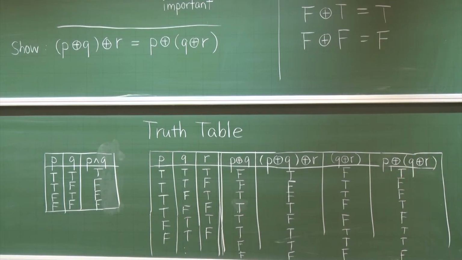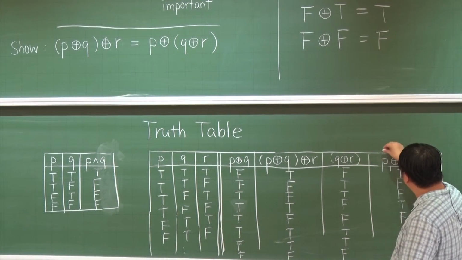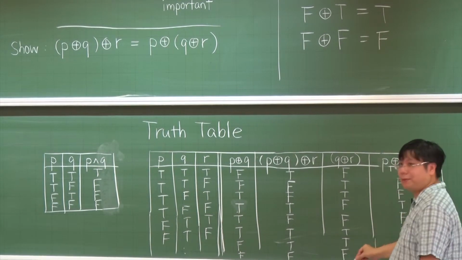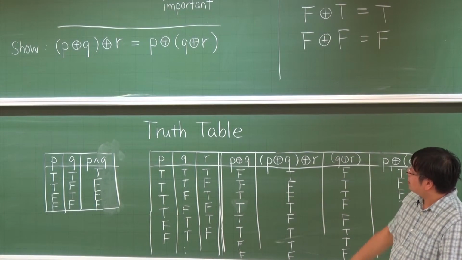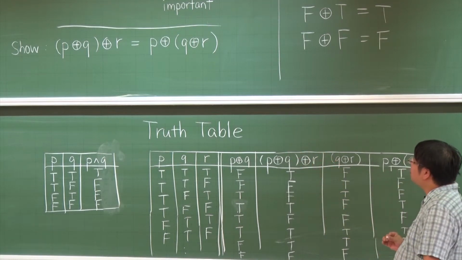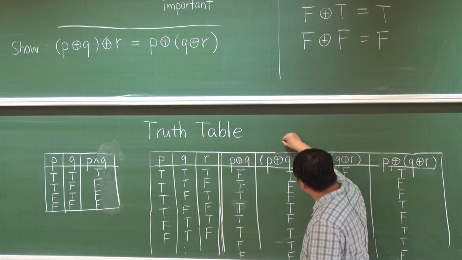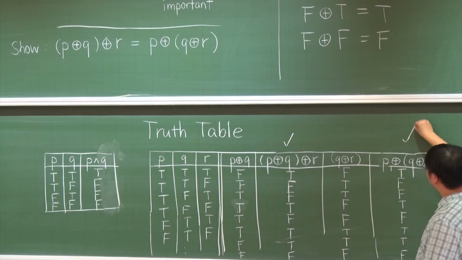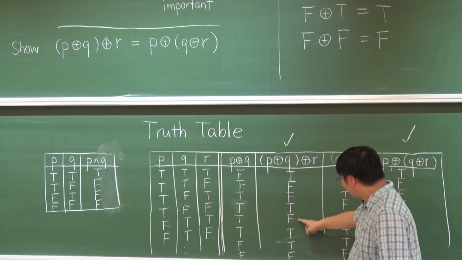Okay, when everything is done, at this moment we know all the possible scenarios. And then we want to show that the left-hand side proposition agrees all the time with the right-hand side. So we focus on these two columns. You look at it: true, false, false, true, false, true, true, false.